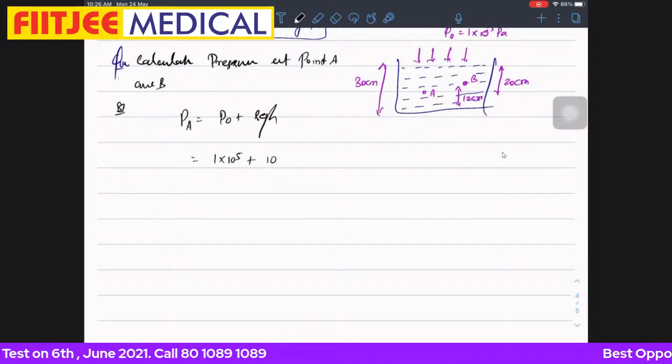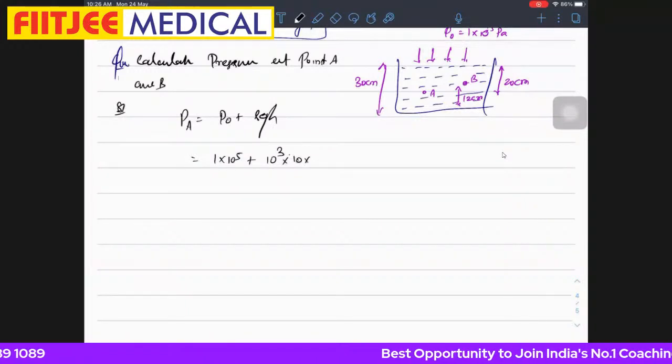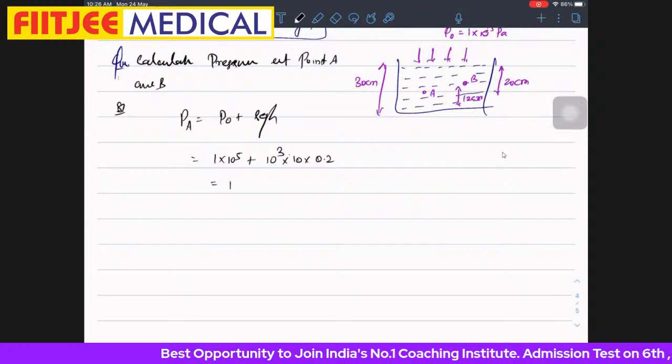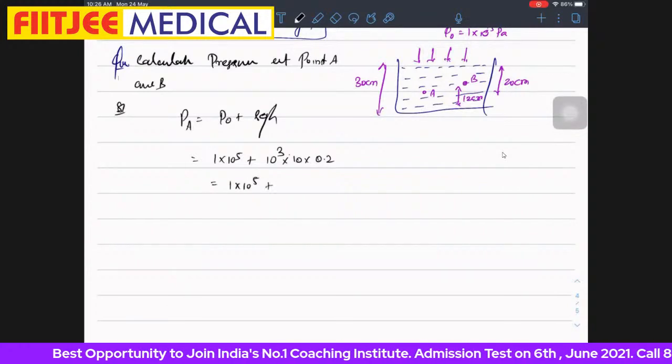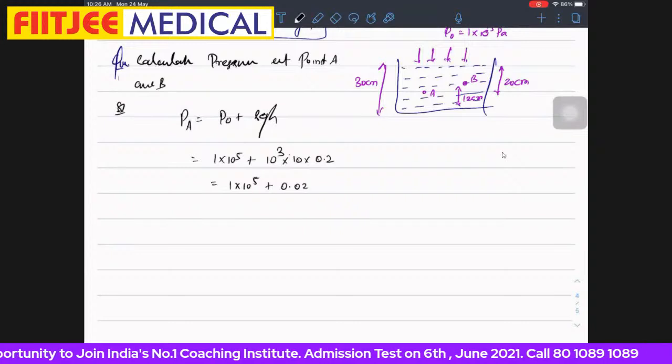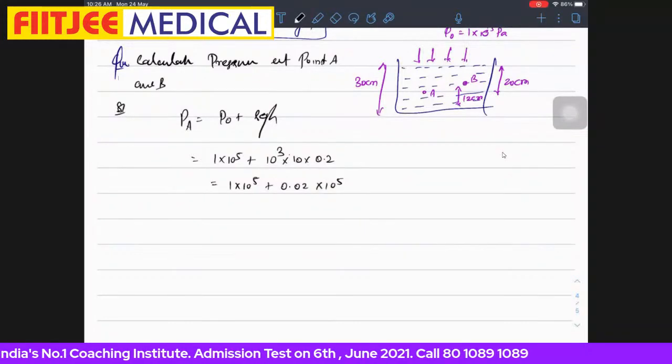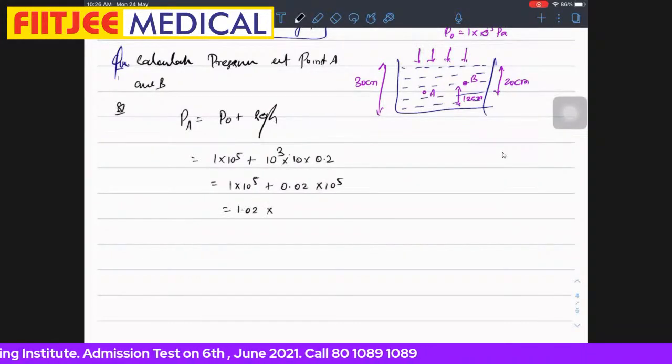So 1 into 10 to the power 5, 10 to the power 3 into 10. For A, what is the distance? 20 centimeters. So I can write 0.2. So 1 into 10 to the power 5, I can write 0.02 into 10 to the power 5. So pressure will become how much? 1.02 into 10 to the power 5 Pascal.